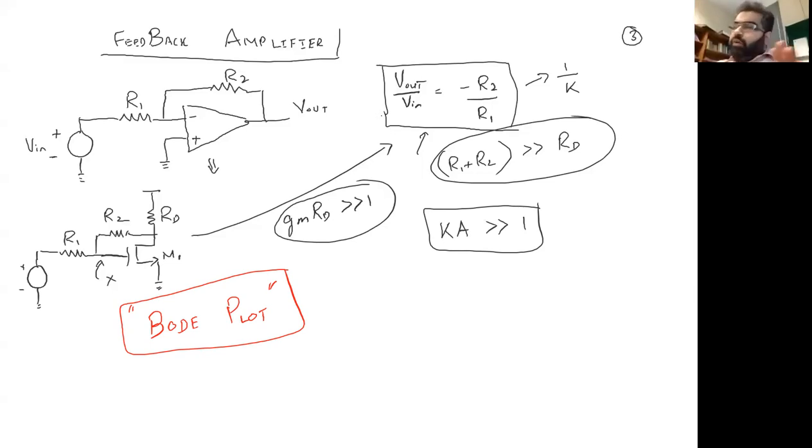So we are going to do a little bit of review of the magnitude response and then also the phase response, so that you can get a little relaxed, that okay, we are not covering something new, rather we are just reviewing our old friend, which is the Bode plot.